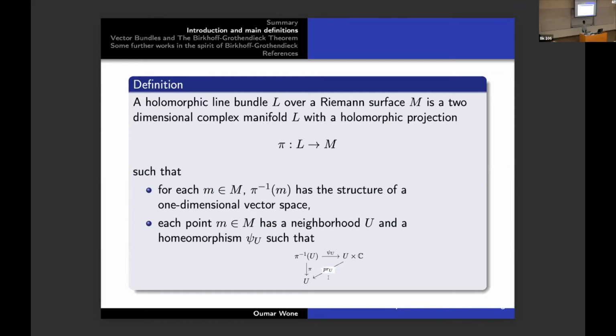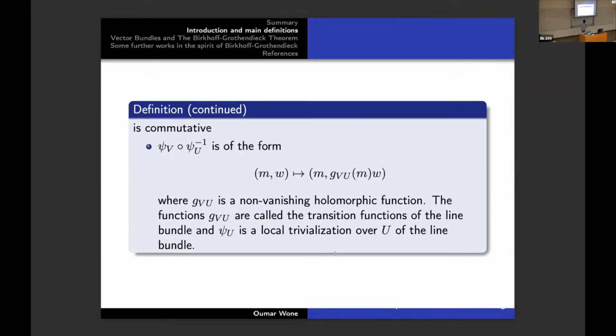Here, pr U is the projection on U. We also require that psi V composed with psi U minus 1 has to have the following form: (m, w) associated to (m, g VU applied to w).